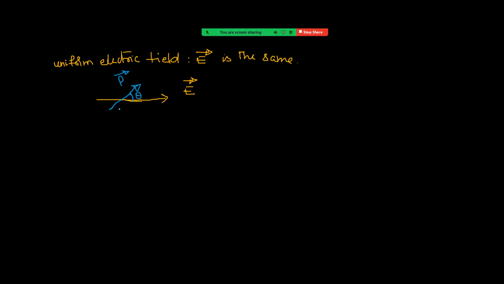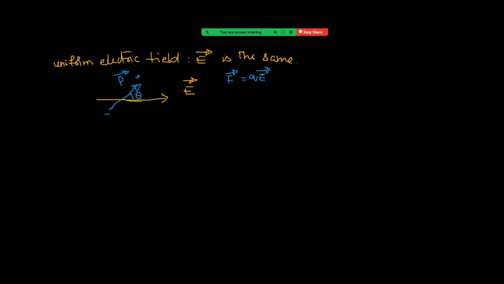If you observe the net force acting on the dipole, this is the negative charge and this is the positive charge. Direction is from negative charge to positive charge; the arrow indicates the direction. We have learned that the force on a point charge is equal to Q into E bar.